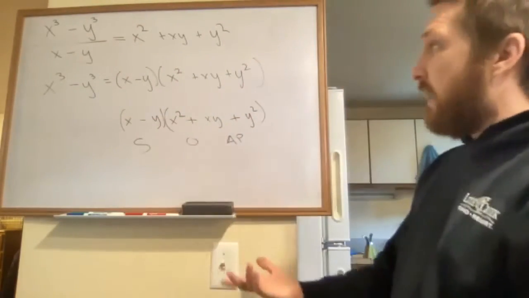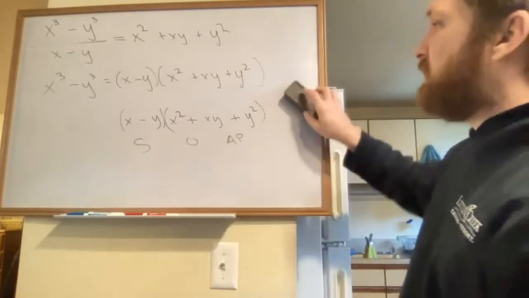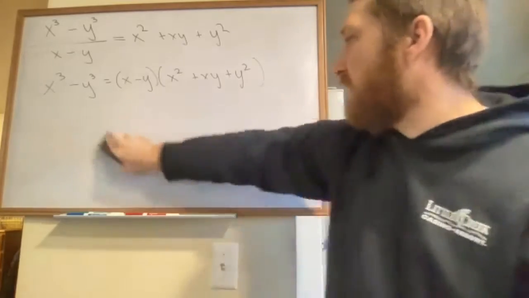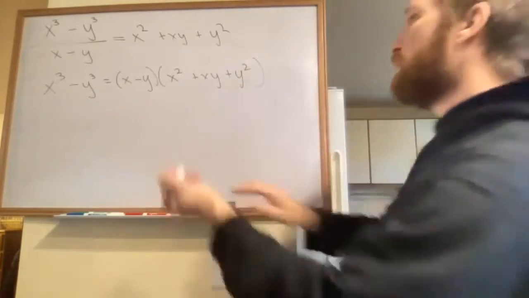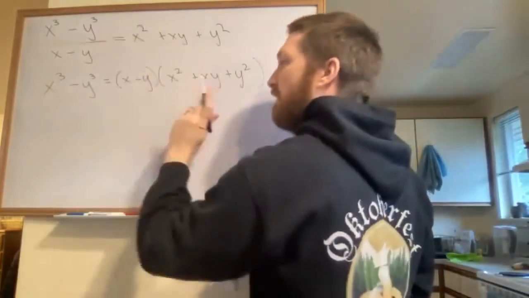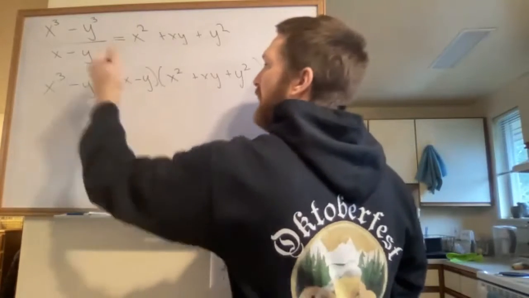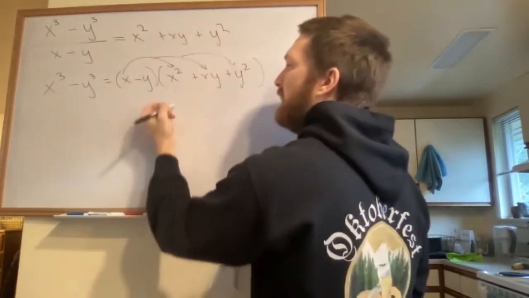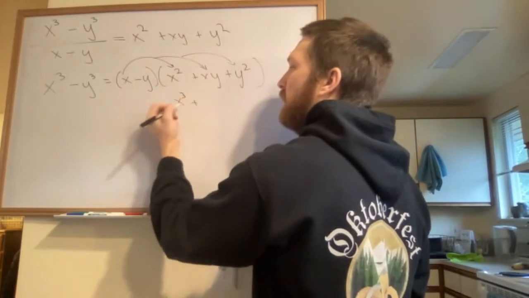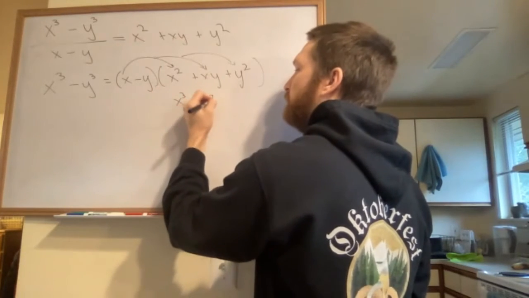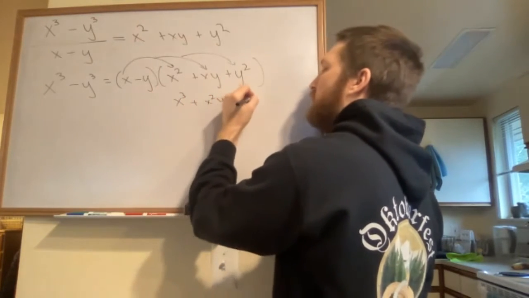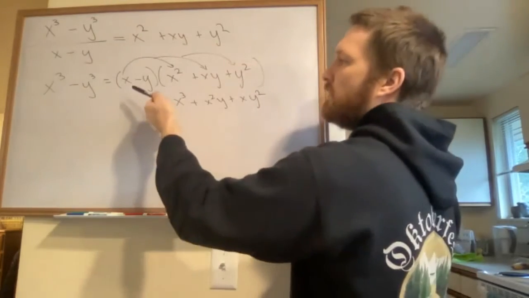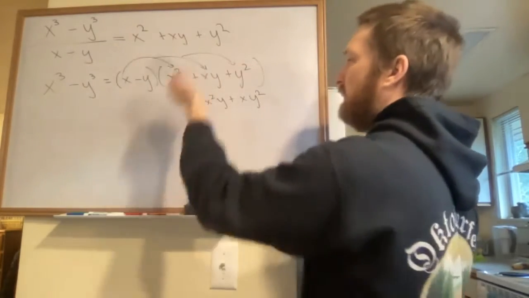And yeah, that works. But let's just really beat a dead horse here and just multiply them through. We're going to say, okay, we're verifying this equals that. And so I'm going to distribute my x's first, and I get x cubed plus x squared y plus xy squared. Double check, yeah, x went in, x went in, x went in.